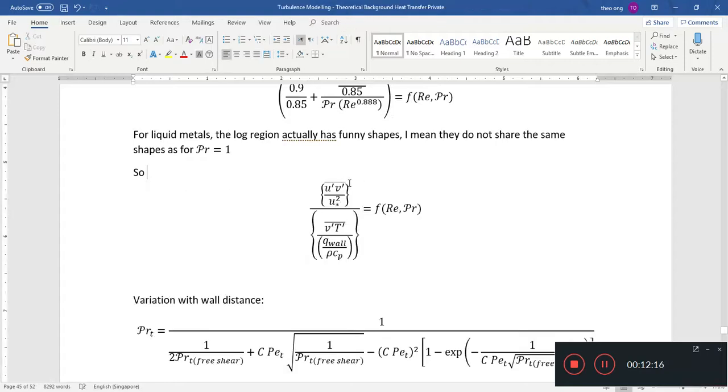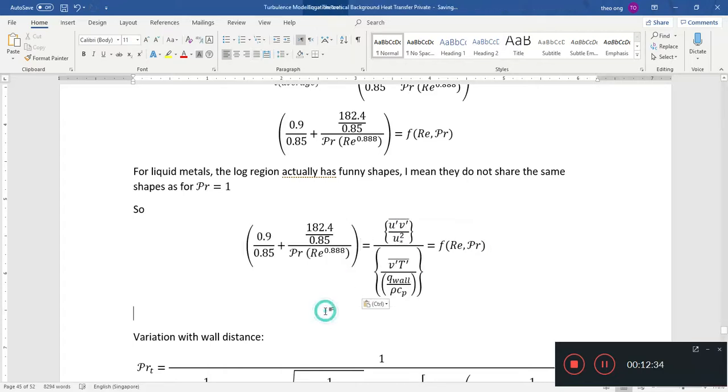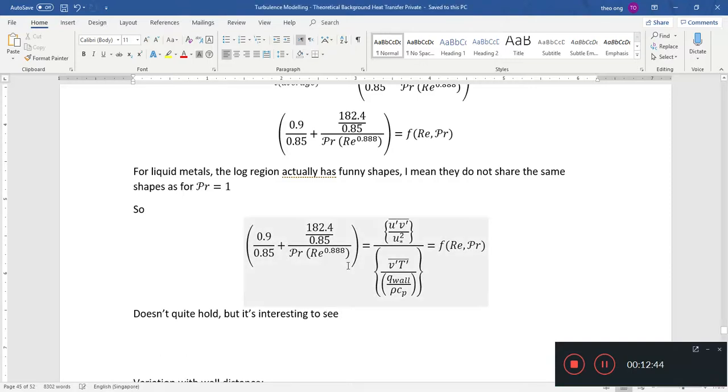If we want to make this comparison, it doesn't quite hold so well. Anyway, it doesn't quite hold exactly, but it's interesting to see the Reynolds number and Prandtl number dependence. So that's just for information.